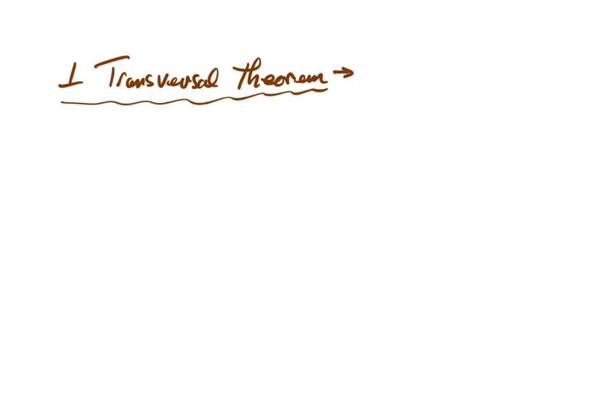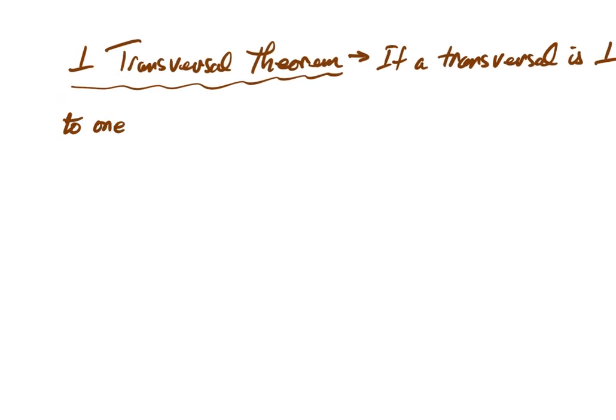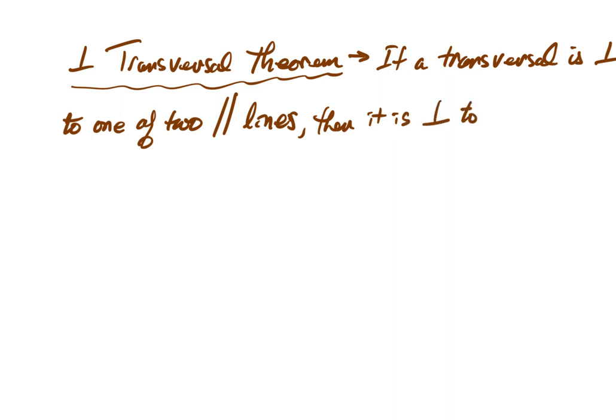Okay, and this is the second proof we're going to work through today that'll finish up section 3.4. So here we go. If a transversal is perpendicular to one of two parallel lines, then it is perpendicular to the second line.